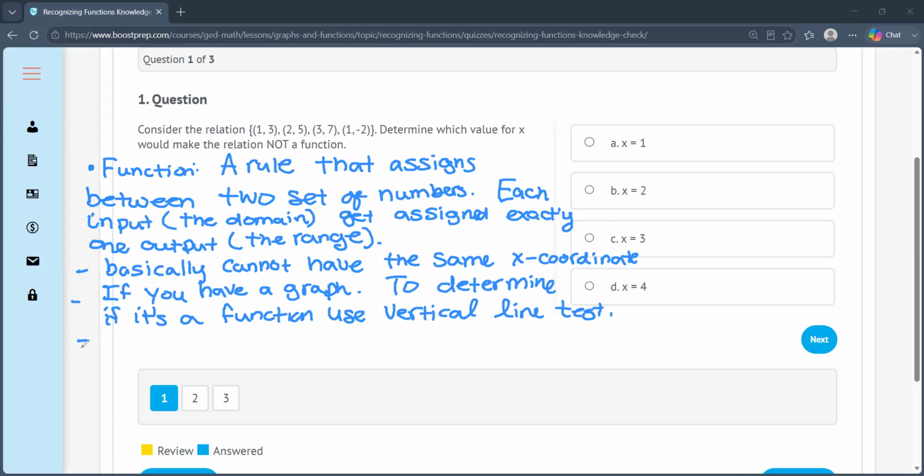I'll show you. Basically you put a straight vertical line anywhere on the graph, and if it hits the graph more than once, it's not a function.